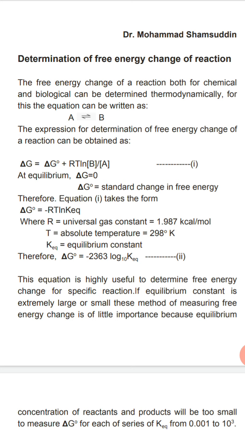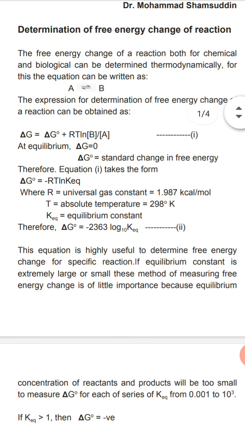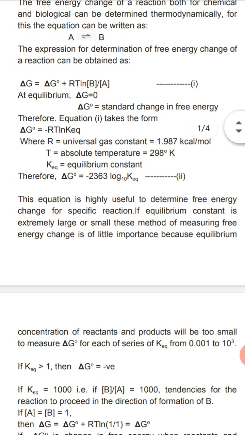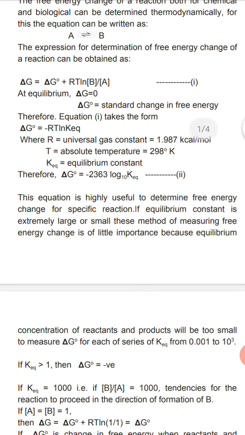If equilibrium constant is extremely large or small, this method of measuring free energy change is of little importance, because equilibrium concentration of reactants and products will be too small to measure. Delta G naught is measurable for equilibrium constants changing from 0.001 to 10 to the power 3.